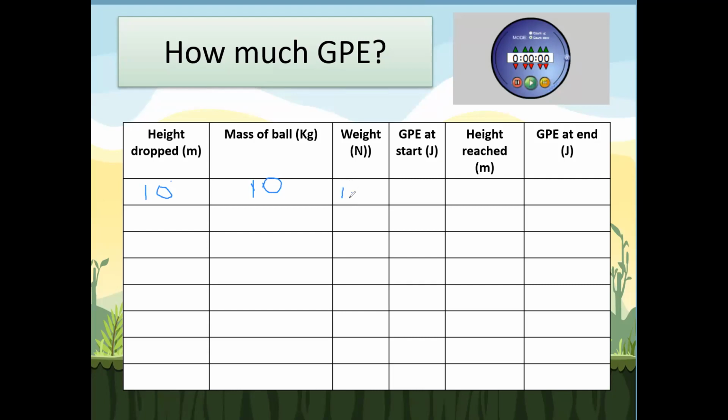So the weight will be 100. Okay, because the gravity is 10, or 9.8 newtons per kilogram, but we normally use 10. Newton per kilogram.